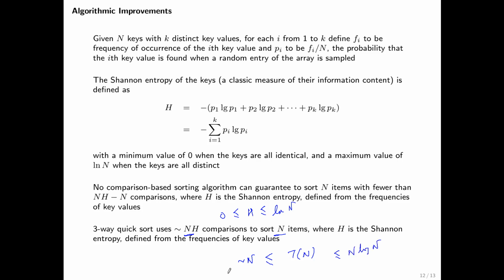On this side we have many duplicates, and on this side you have few or no duplicates. So that's basically the running time of three-way quicksort. Three-way quicksort does really well when you have an input array that has a lot of duplicates in it.